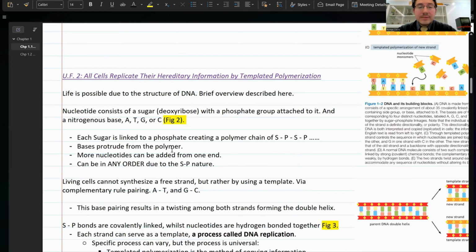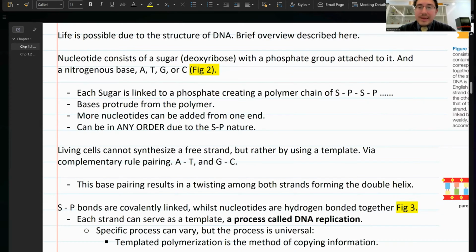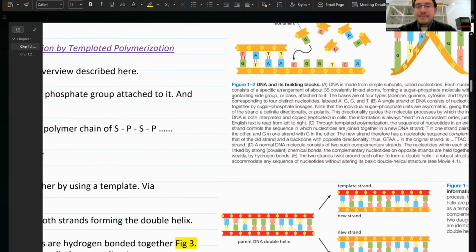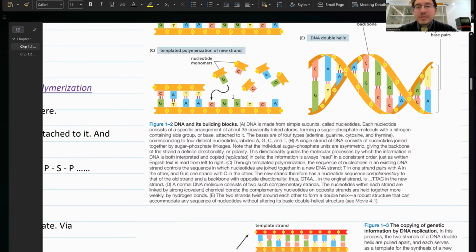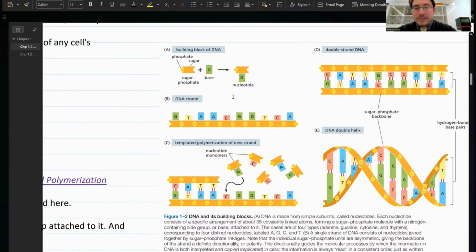What happens then is that you can get 2 nucleic acid strands of DNA and they bond together, where the nucleotide base pairs, the nitrogenous bases, are complementary to each other.